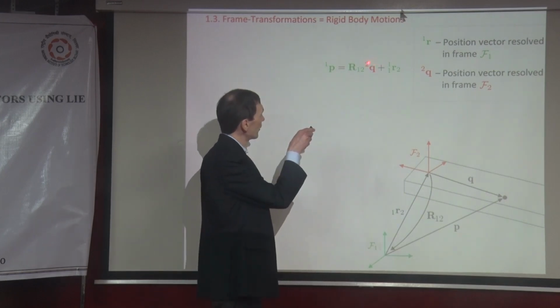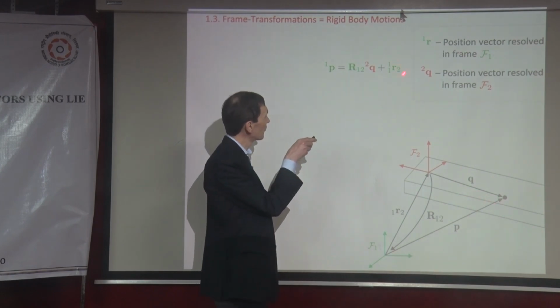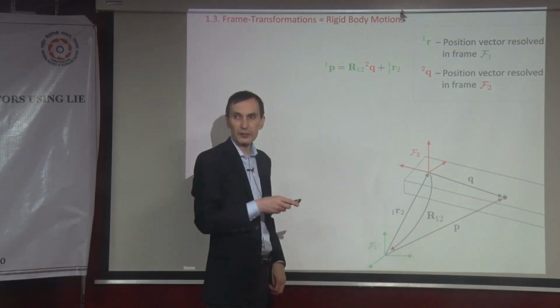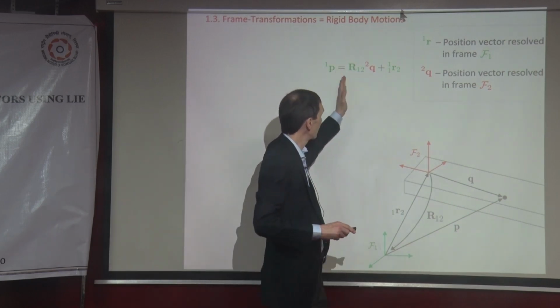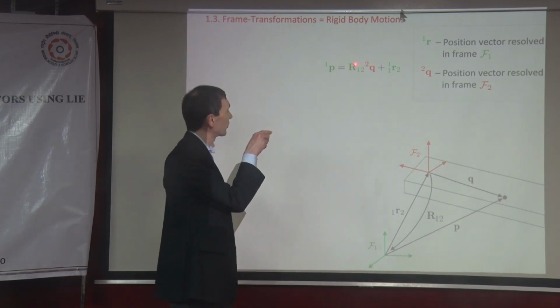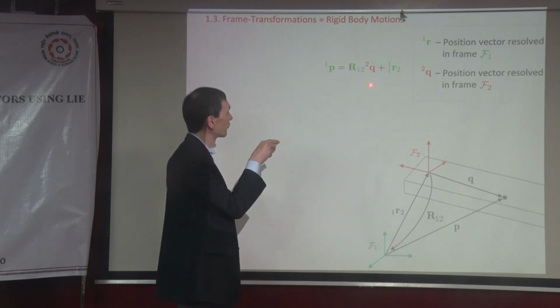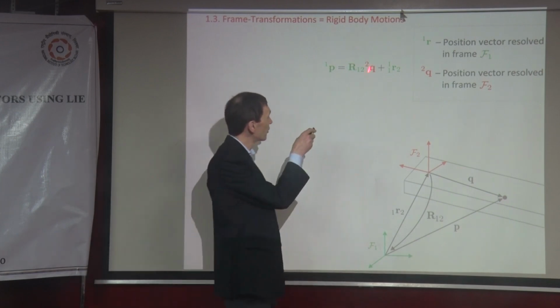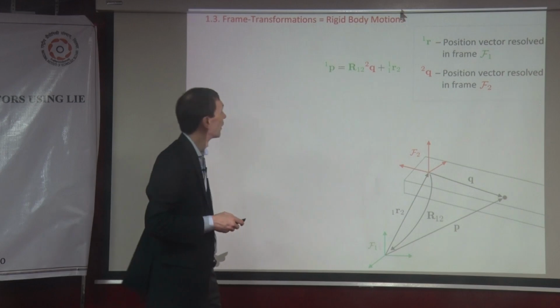If it is in the F2 frame, then I can't add them. I cannot say this one in the 1 frame plus this one in the 2 frame. This is not possible. I can only add vectors where we have at the most left side the same index here, okay? And that's why we have to transform it from the 2 to the 1 frame, okay? And what comes out, this whole vector is in the 1 frame, and of course this is Q plus R1,2, but now in the coordinate representation.